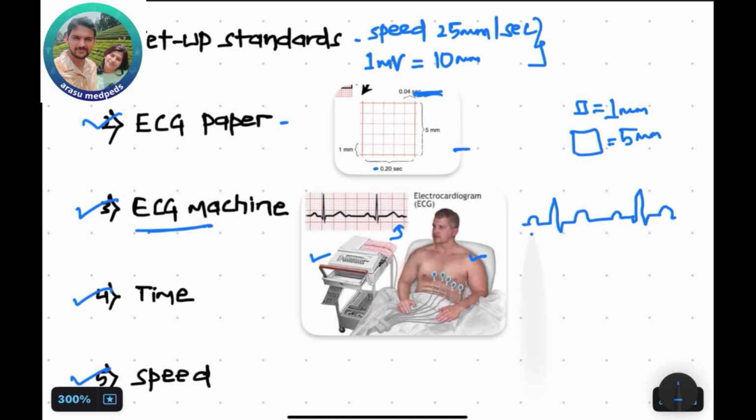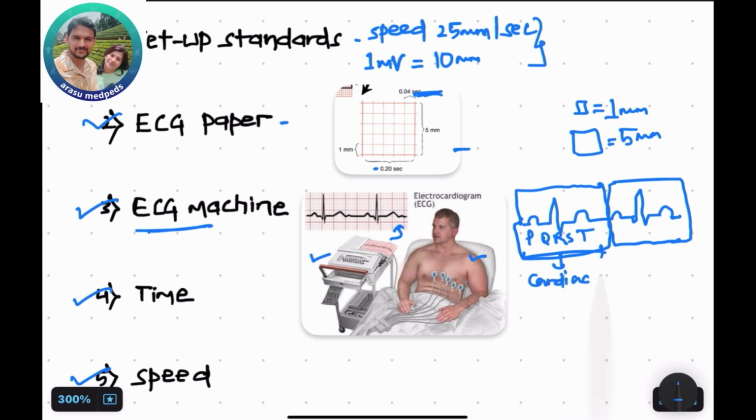They named the waves P, Q, R, S and T. The same repetition happens at regular intervals, so they labeled them PQRST. Probably these segments indicate cardiac cycles, which is why the format repeats at regular intervals with the same pattern.